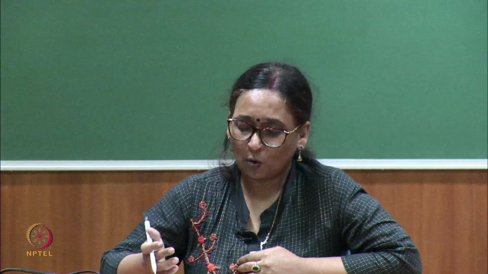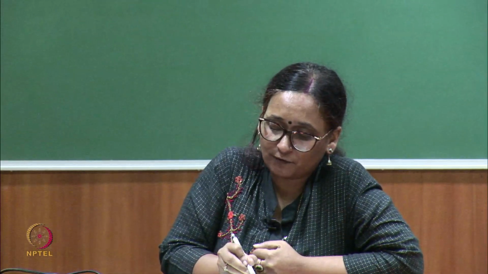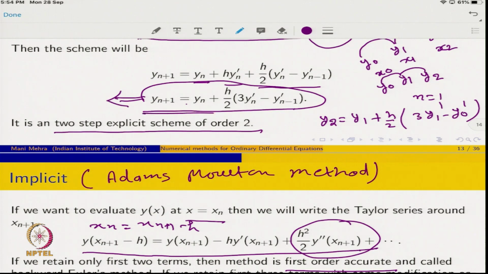As well as in the Adams-Moulton case, we have seen a first order method and a second order method. First order is backward Euler, second order is trapezoidal. In the case of Adams-Bashforth methods, first order is forward Euler and for second order I am not specifying a special name, and the difference equation of the second order method is this, which you can observe from here.